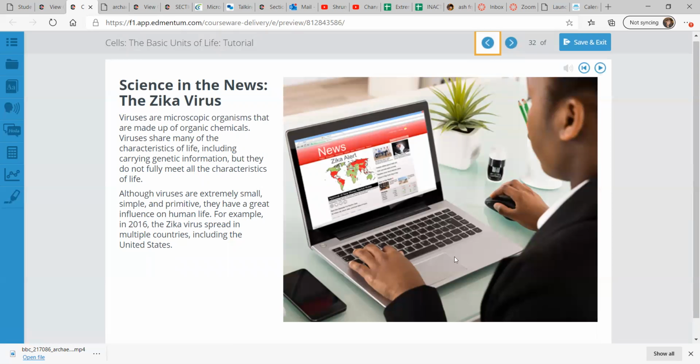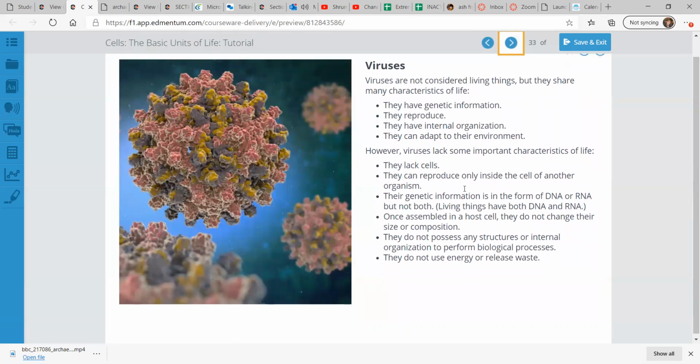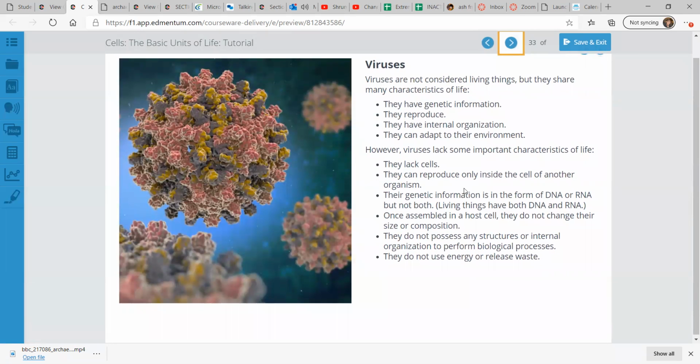Looking at a very real news website there, the viruses are not considered living, but they do have these characteristics of life: genetic information, they reproduce, they have internal organization, and they're adaptable.